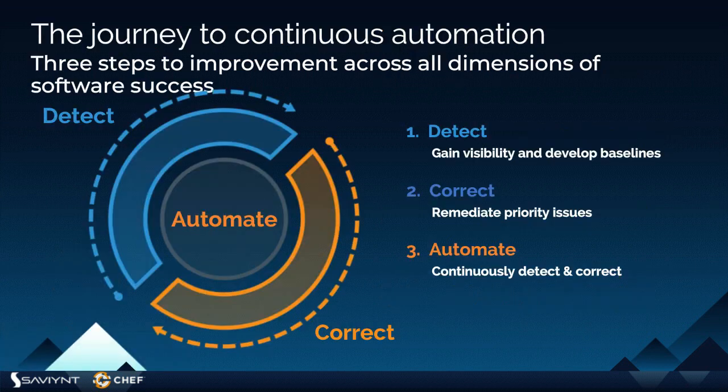And ultimately, the means to do this is to have a repeatable process for evaluating all the work we do in 3 steps: detect, correct, and automate. We need a way to rapidly gain visibility into what reality is, where we have security gaps that need to be addressed, and where things are properly configured.